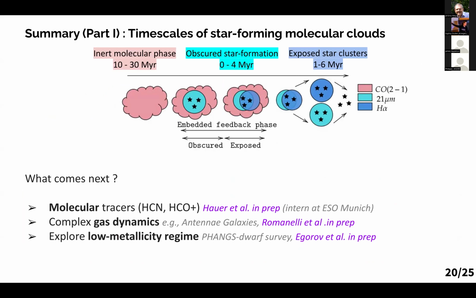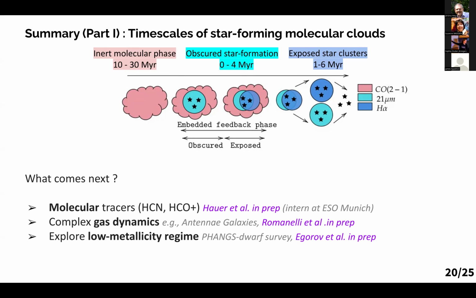So this is my part one summary. We've been able with this method to put some timescale on the different phases of the molecular clouds. And there are many projects that are coming up after. The project is to focus on different tracers of the dense gas. For example, there's a student working with Lukas Neumann at ISO, focusing on the application of this method with HCN.